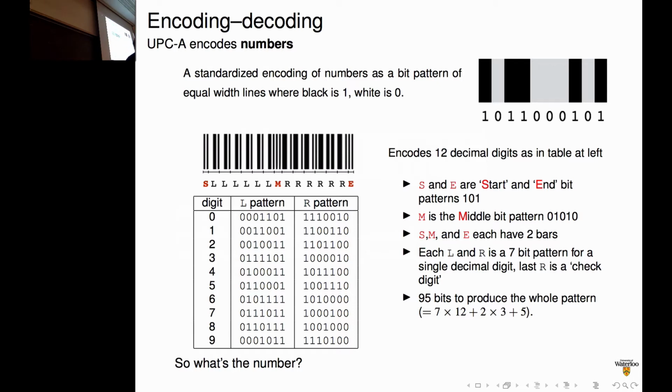So with the start and the end, you can tell the beginning and the end of that digit, how to read it. The last right digit is a check digit. So now you know the rules. This is a number. What's the number?